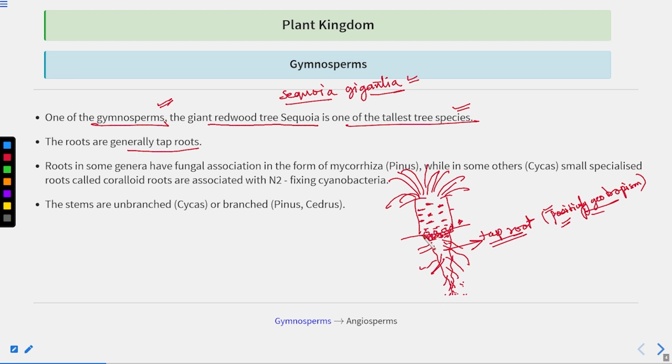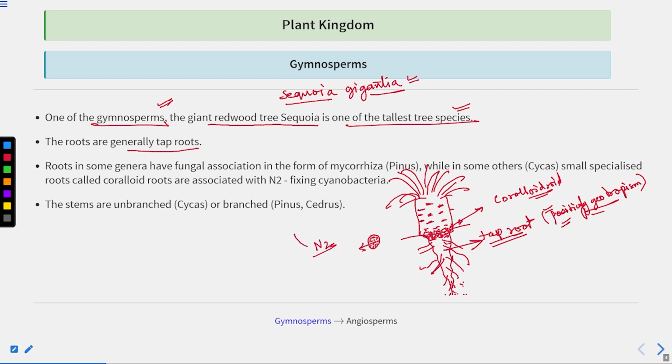Now, at this particular point where the stem ends and the root starts, there are some round coralloid roots. You can see coralloid root. Now this coralloid root does not go downward, it moves upward a bit, and if you cut this coralloid root, you will see inside it a lot of cyanobacteria which can fix nitrogen.